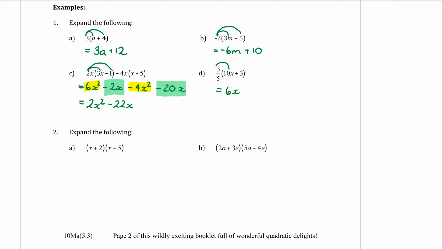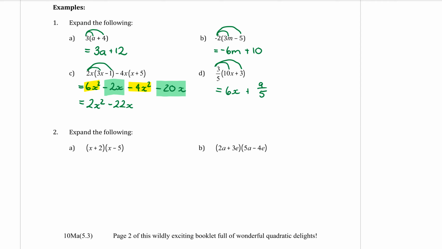Then for the second one, we do 3 over 5 times 3. This time we can't actually do any cancelling with that 5, so all we can do is 3 times the 3, which is 9, and the 5 would sit on the denominator. And that's as simple as I can make that answer.